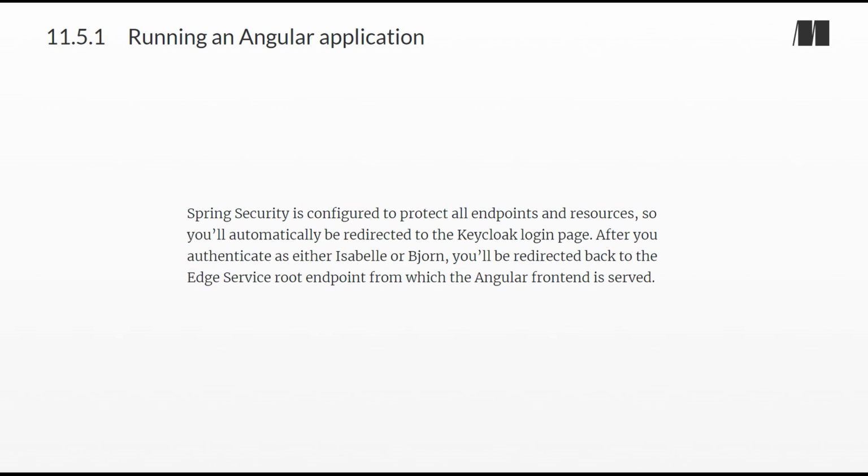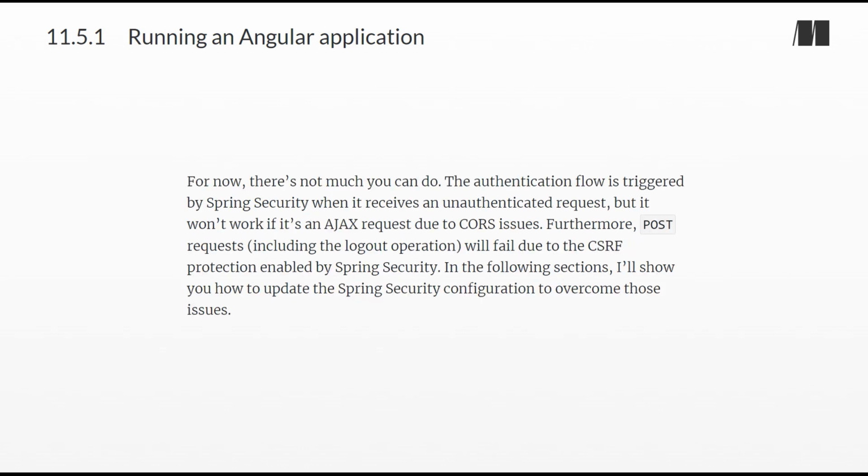Spring Security is configured to protect all endpoints and resources, so you'll automatically be redirected to the Keycloak login page. After you authenticate as either Isabel or Bjorn, you'll be redirected back to the Edge Service root endpoint from which the Angular frontend is served. For now, there's not much you can do. The authentication flow is triggered by Spring Security when it receives an unauthenticated request, but it won't work if it's an AJAX request due to CORS issues.